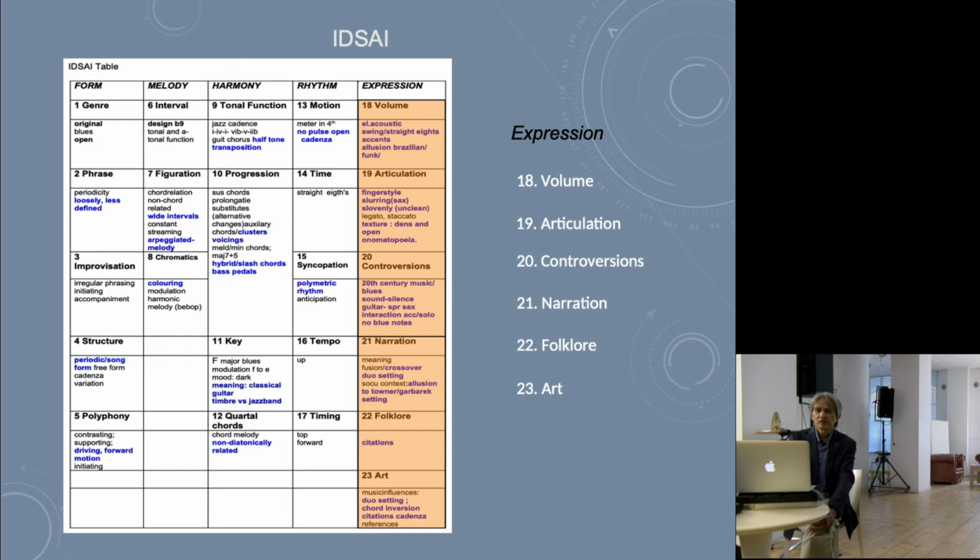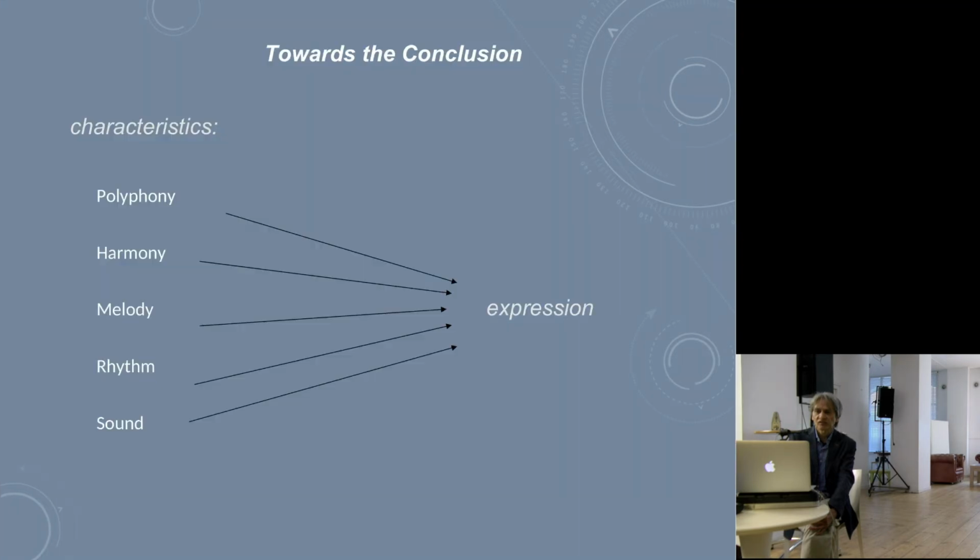The 5 parameters above come together in aspects of expression, which is further expanded with characteristics and features resulting from the application of these 5 elements.